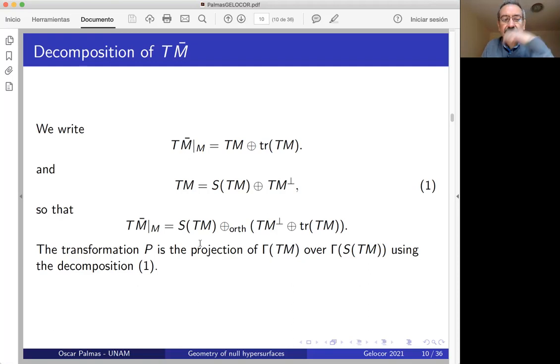And just to fix notation, we call P the projection of the collection of sections of the tangent bundle, meaning the vector fields, over the collection of sections of the screen distribution. Just to fix notation.